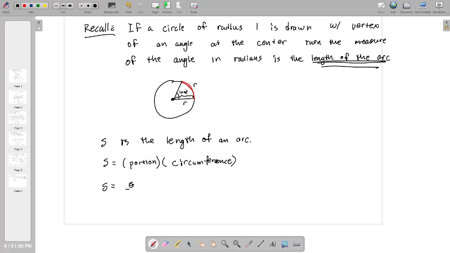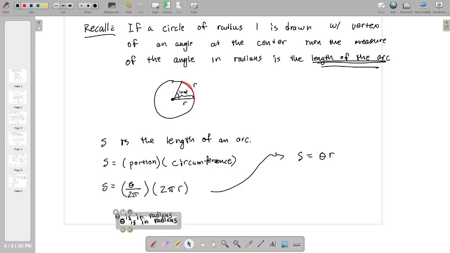So we'll have angle theta divided by 2 pi, keeping in mind theta is in radians. And we multiply this by the circumference of a circle. If you don't remember what the circumference of a circle is, it's exactly 2 pi r. So if we multiply these together, we end up with S is equal to theta r, because the 2 pi's cancel. Now, we also need this caveat. Theta must be in radians.